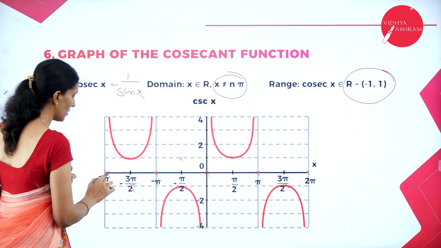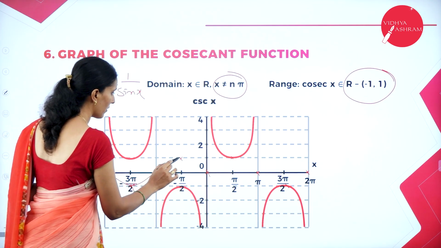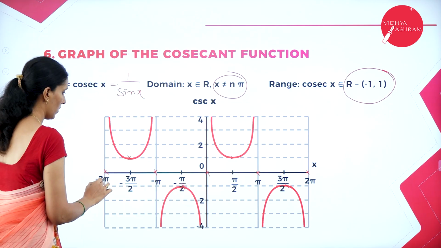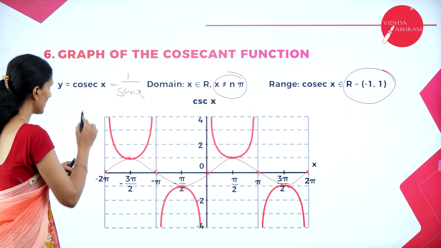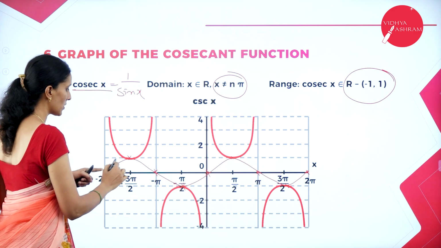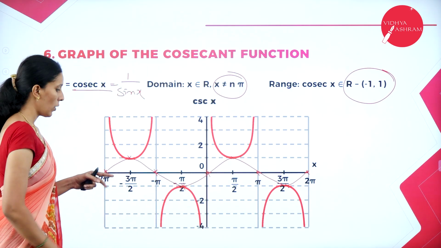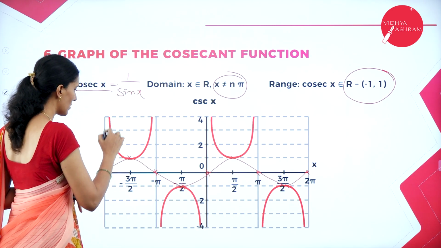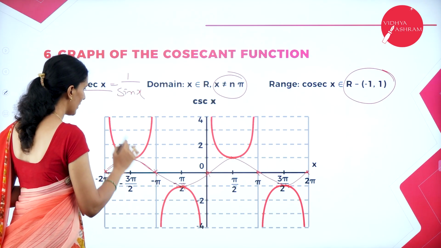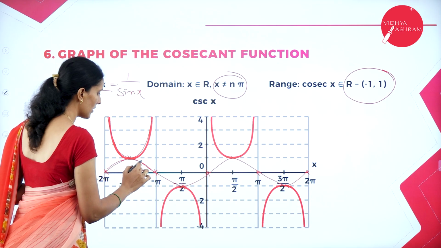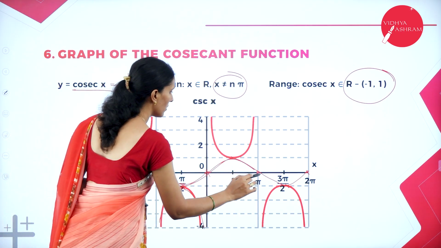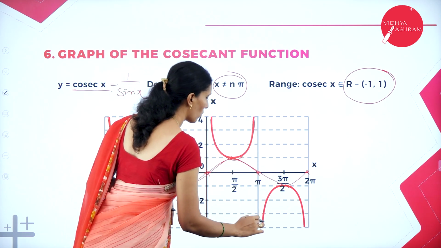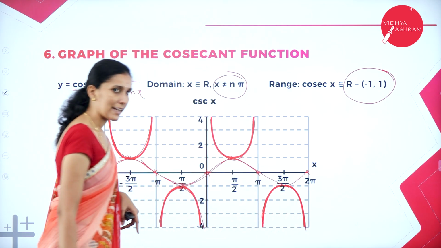So the graph of your sine function goes like this. Since cosecant is the reciprocal, this wave will reflect like this. This curve is like this here, this curve is like this here, similarly here. So it is exactly the reciprocal of the sin x curve.